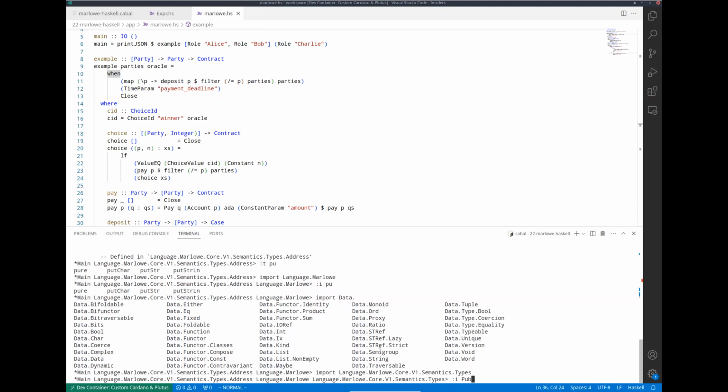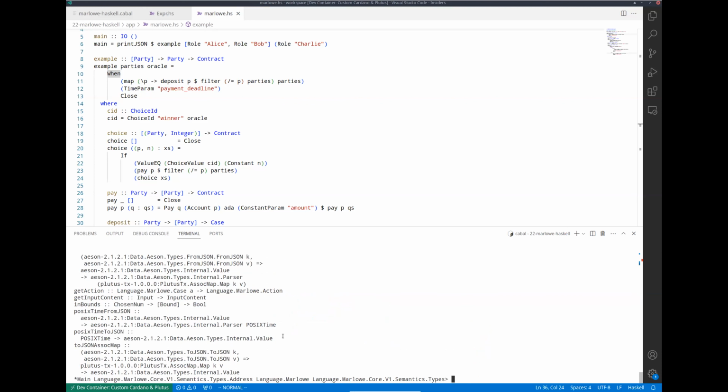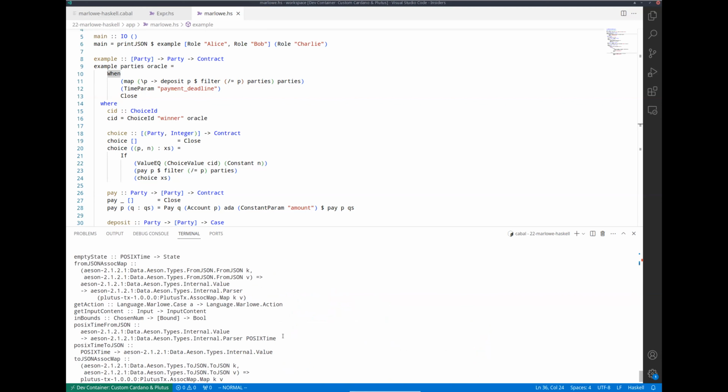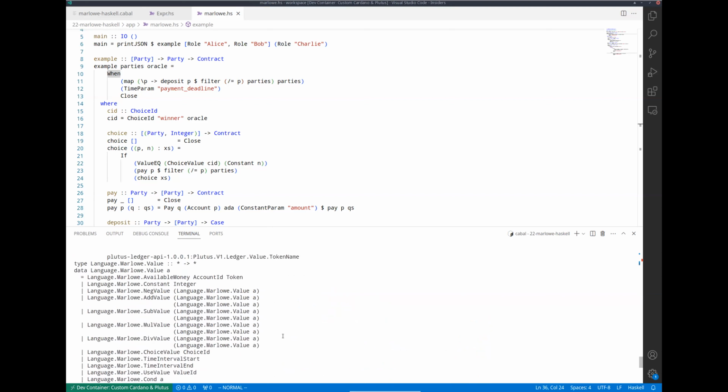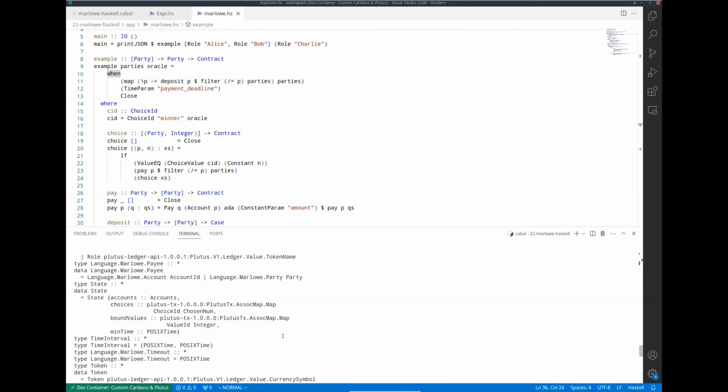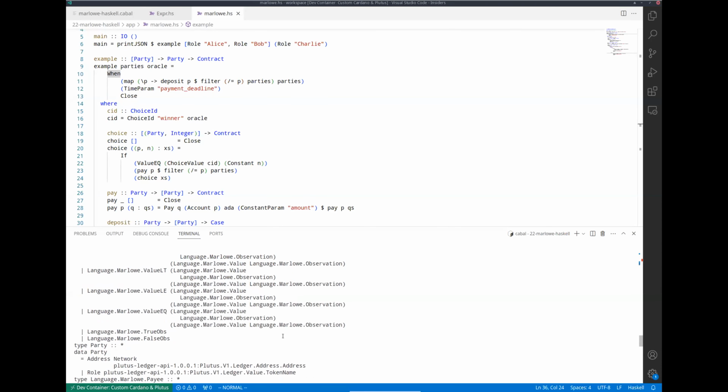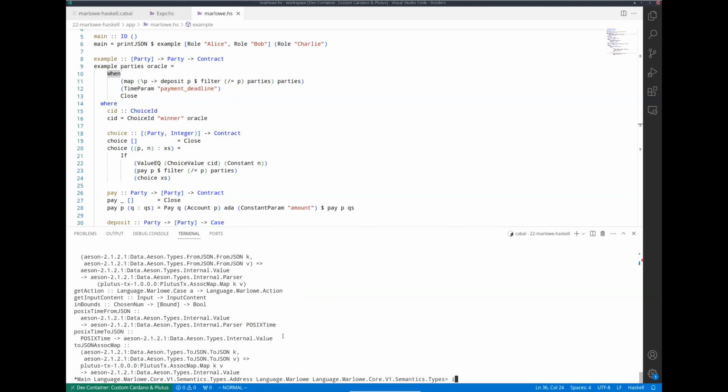Language Marlowe core v1 semantics types. There. And there should be, you should find the, I think it, no. Okay.